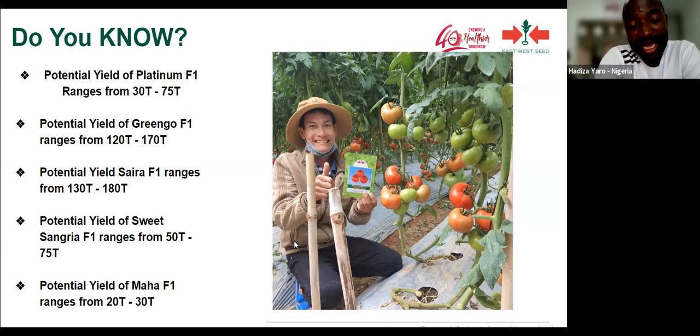The price as at today is around 10 to 12,000 naira for 10 kg. So it keeps increasing before the raining season commences. So we need to key into this season for us to have a maximum profit.